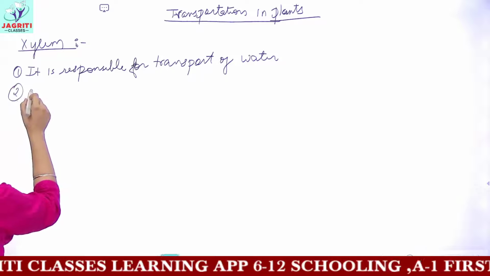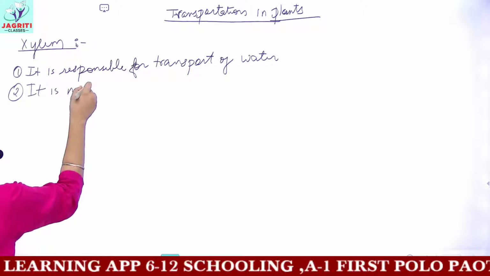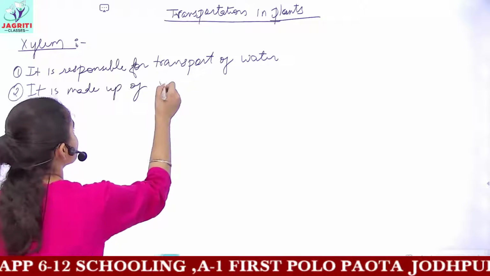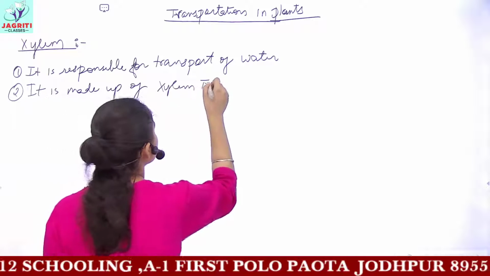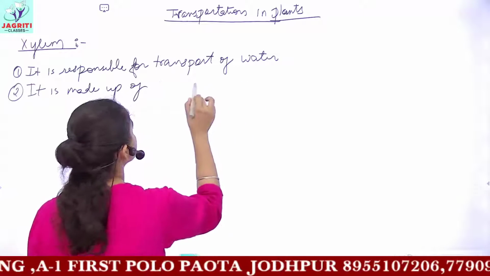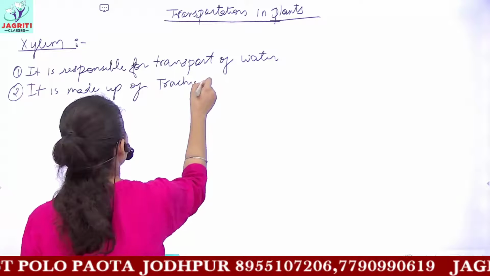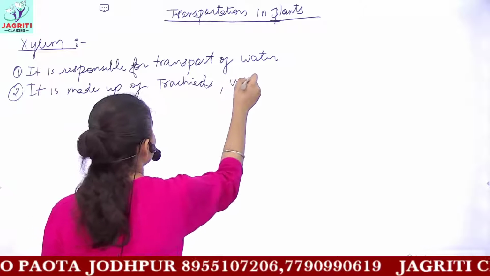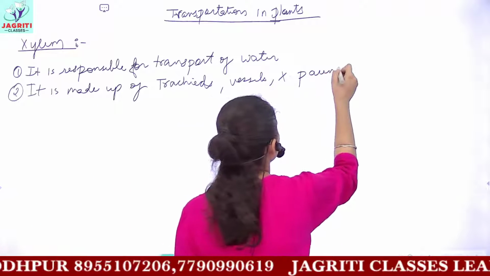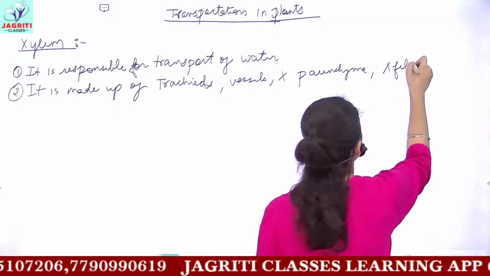Then we say that it is made up of 4 different types of cells, which are tracheids, vessels, then you have xylem parenchyma, and the next is xylem fibers.